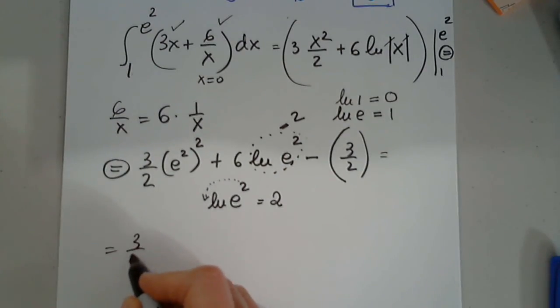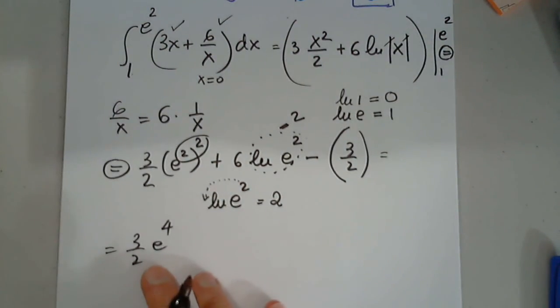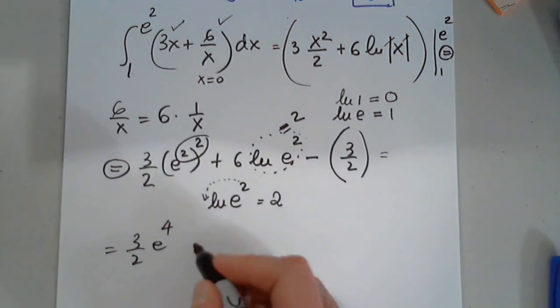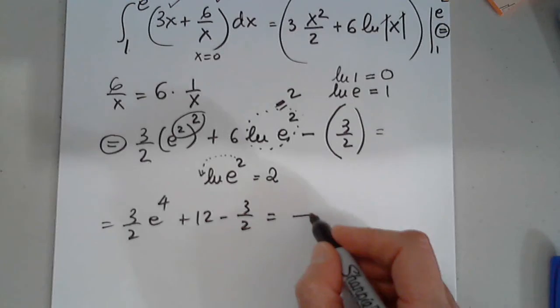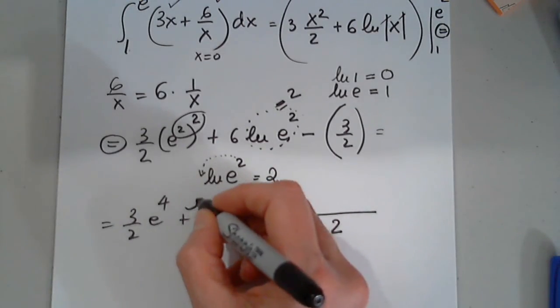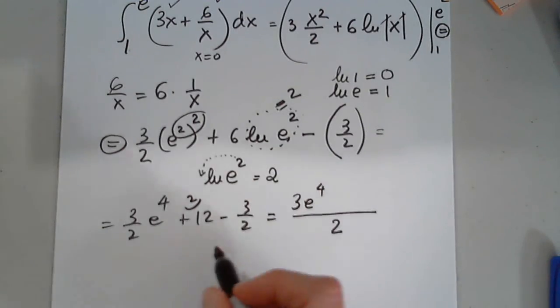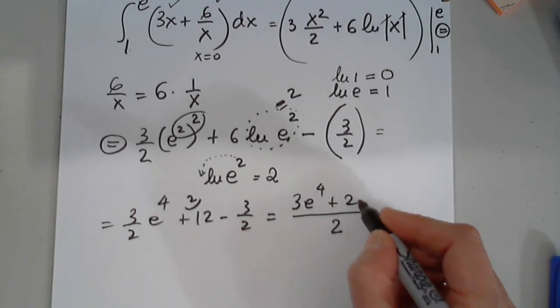So then I have 3/2, copy the base, multiply the exponents. There is nothing I can do to this. 6 times 2 is 12 minus 3/2. So the least common denominator is 2, and this one will take a multiplication of 2. So this is 3e to the 4th plus 24 minus 3, plus 21.